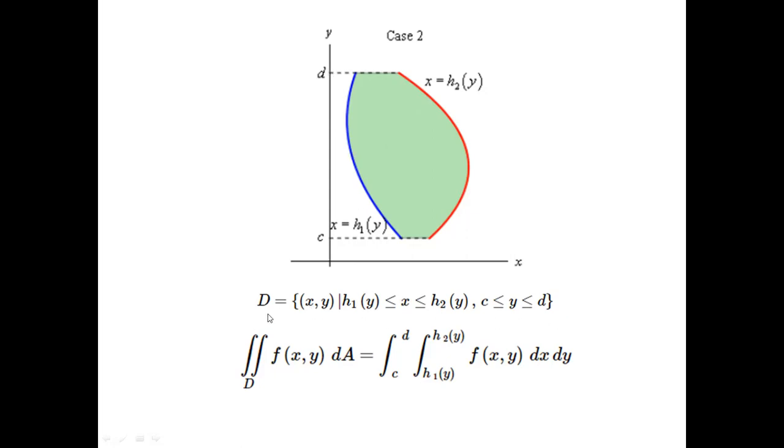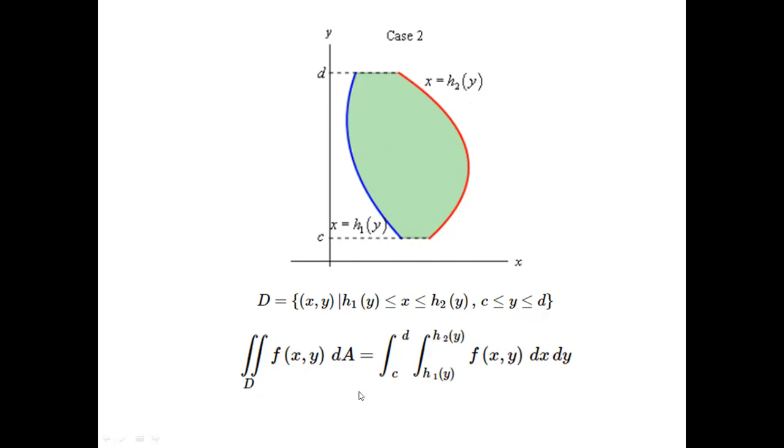So the region D for this particular curve you want the area of is bounded on the x-axis by h1 of y to h2 of y. So these are your boundaries. Now as for the y boundary, that would be starting from C to D. You could see it here.